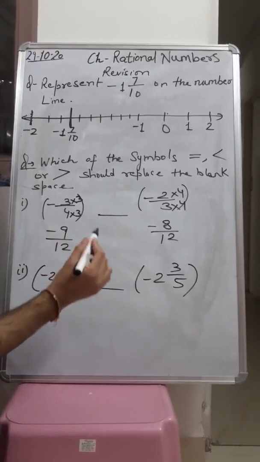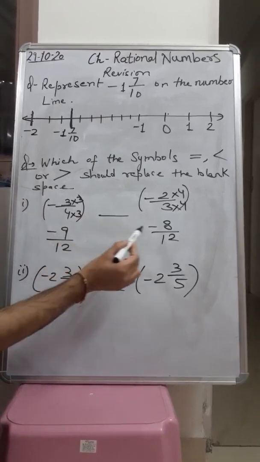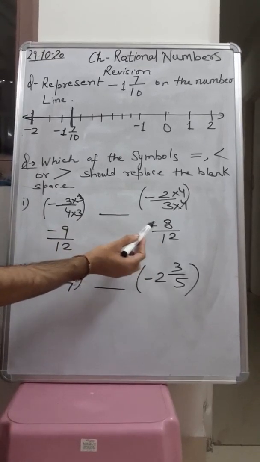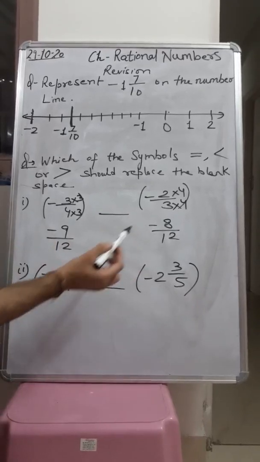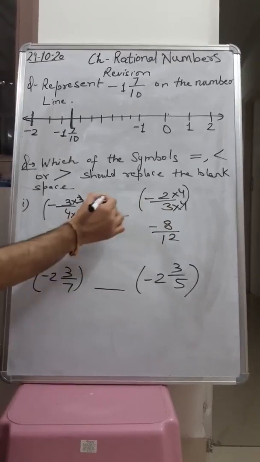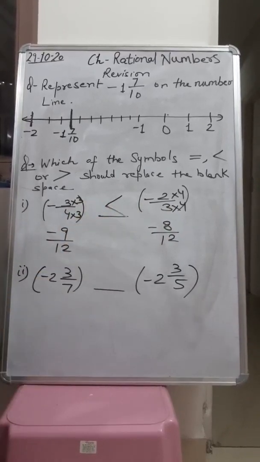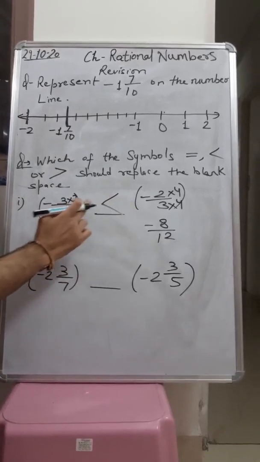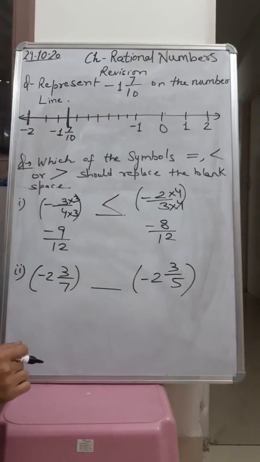Now we have to see the numerators. Here it is minus 9 and here it is minus 8. That means minus 8 will be greater than minus 9, because minus 8 is nearer to 0 in comparison to minus 9. That means this is greater. In this way we can compare two rational numbers and put a sign of smaller, equal or greater.